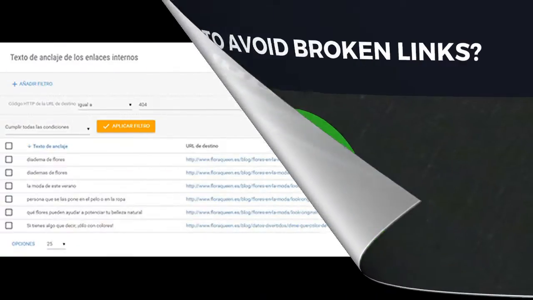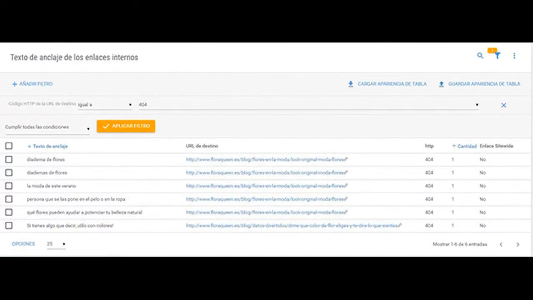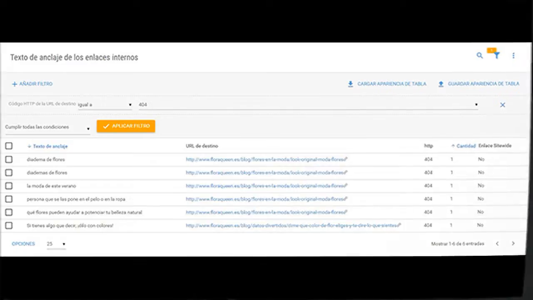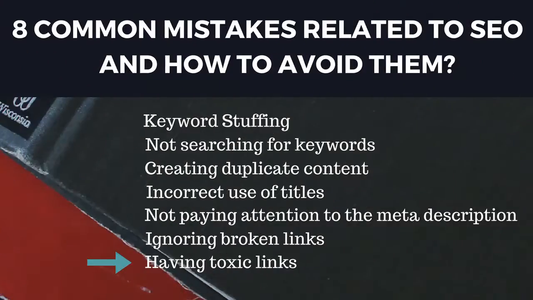You can also use the Exaggerated tool to check the state of your internal and external links. Mistake number 7 is having toxic links. As we know, the links obtained should be of good quality and related to the theme of the website. But sometimes, this is not easy to control. The page may have received a negative SEO attack.